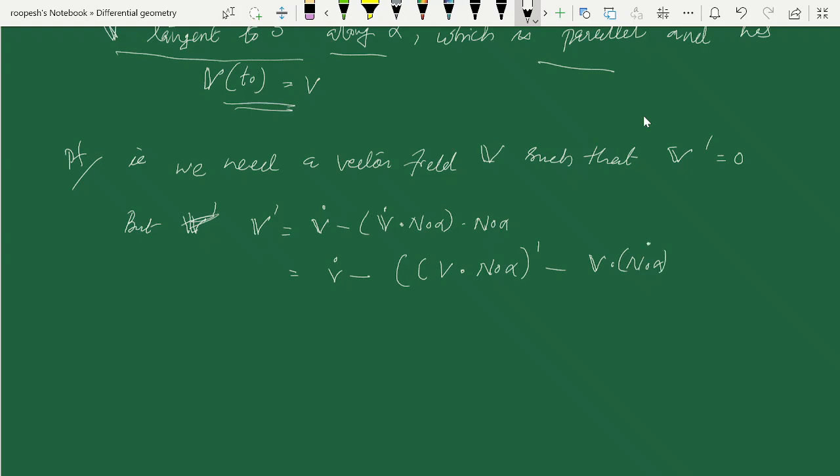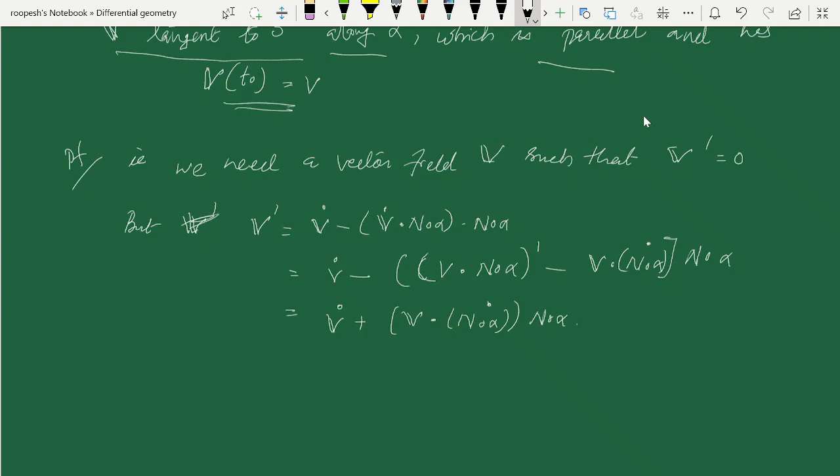While expanding this, you will get an extra term like this, so I have subtracted that term here, times n of alpha. So this can be written as V dot plus (V dot n composition alpha dot) of n composition alpha.